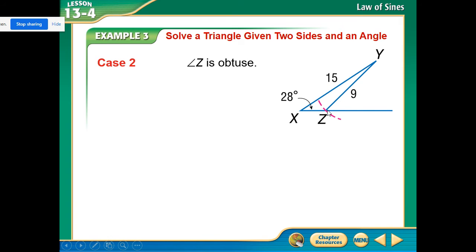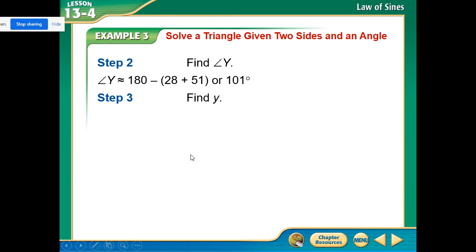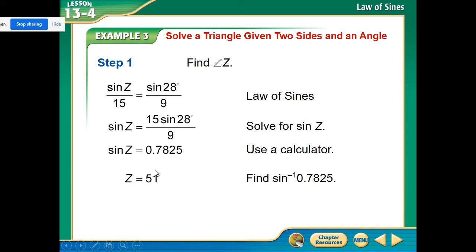So now let's talk about the second one. When we did this, we got the 51. But what we do to find the second triangle is we actually take that 180 minus 51. This occurs because the sine is positive in both quadrant 1 and in quadrant 2. So when we do 180 minus that 51 that we got, where did we get the 51 from? We got it from right here.